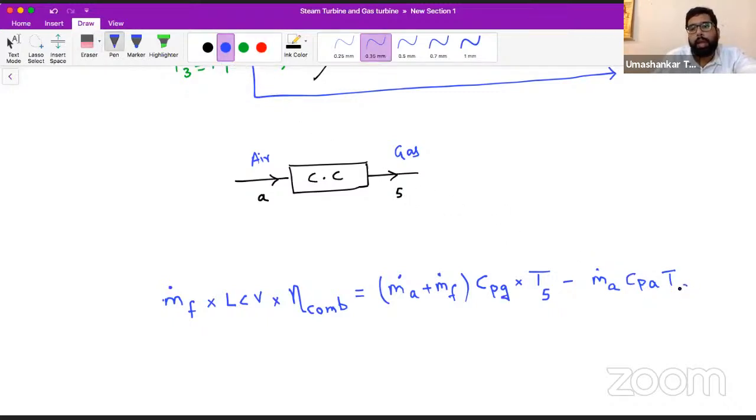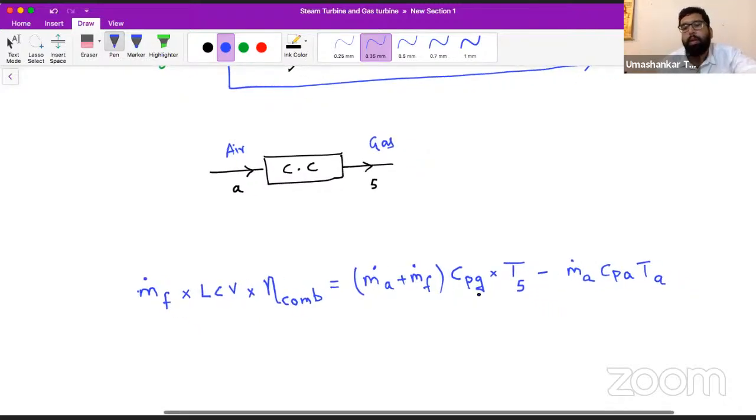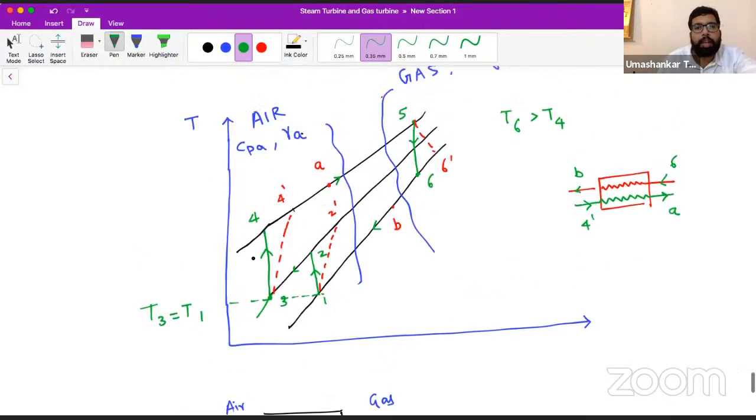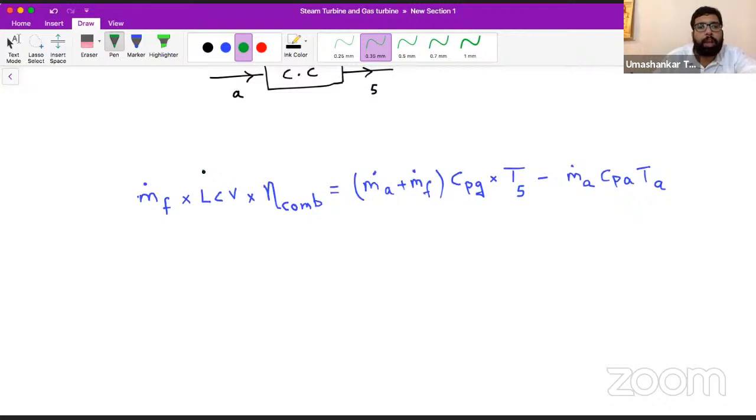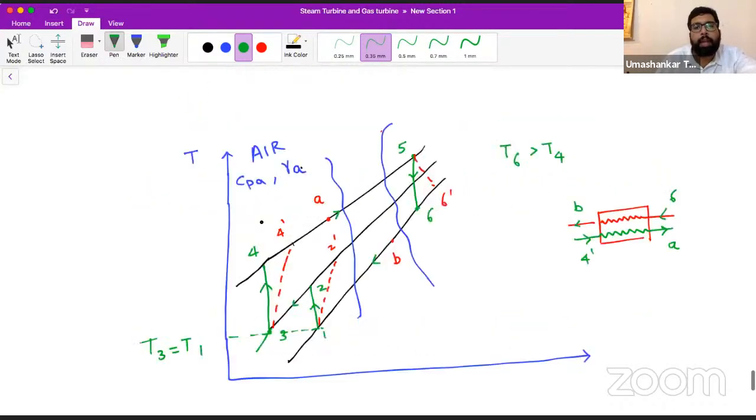Now, in order to get your air fuel ratio, what do you have, and what do you not have? Let's check. The lower calorific value: yes, we have it, so put a green mark. We have the combustion efficiency, so put a green mark here.